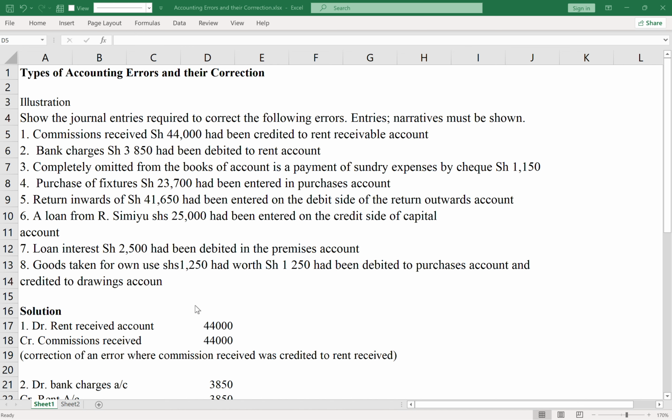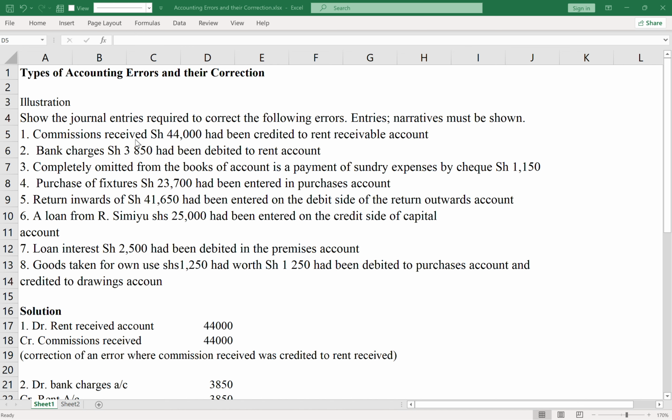So in order to correct this, we are going to debit the rent receivable account, and then we credit the commission received, since it is increasing the revenue.